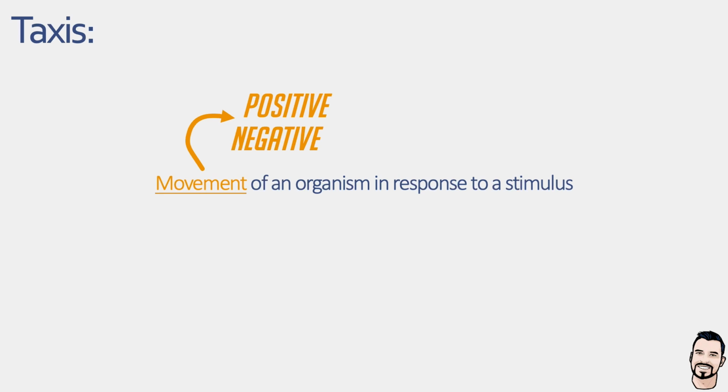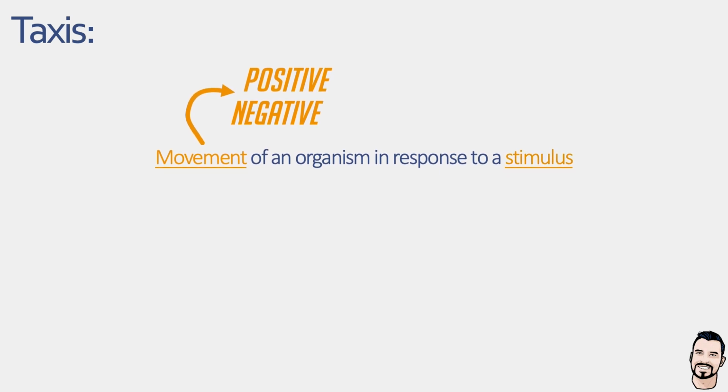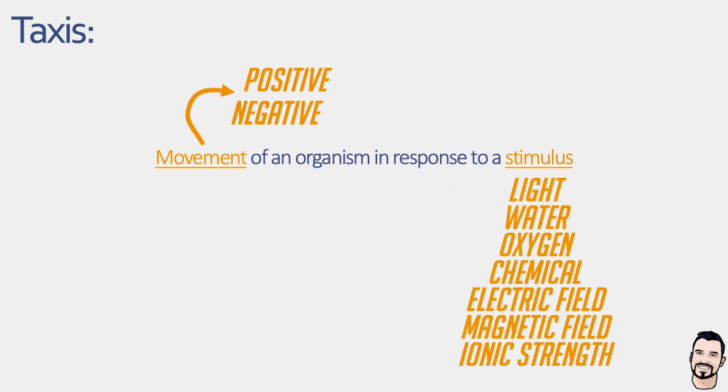Now, there are many different types of stimuli that affect our bacterial cells. Bacterial cells can respond to light, and we call this phototaxis. They can respond to water, and we call this hydrotaxis. They can respond to oxygen concentrations, and we call this aerotaxis. One of the more common taxis out there is chemotaxis, where our cells respond to chemicals, and we'll look at this in more detail in a minute.